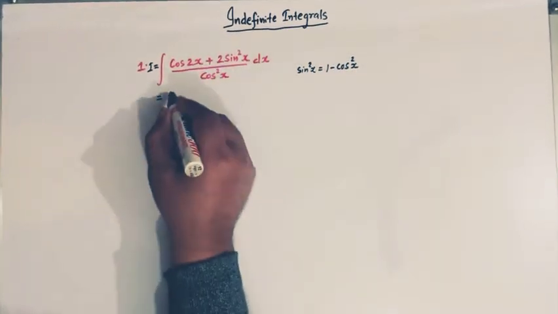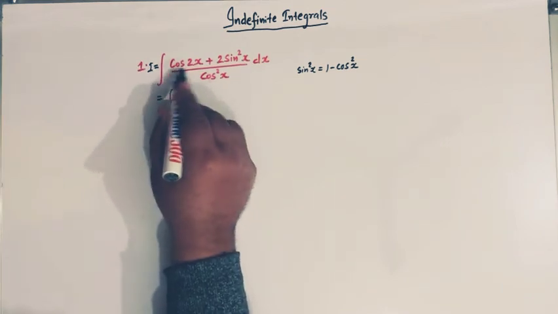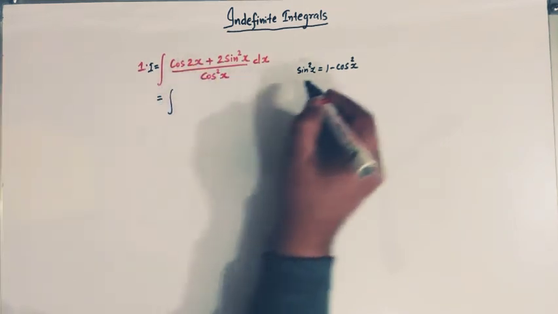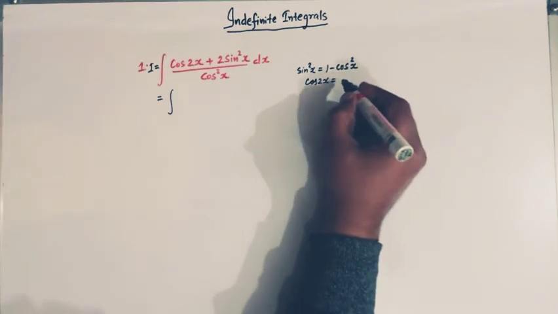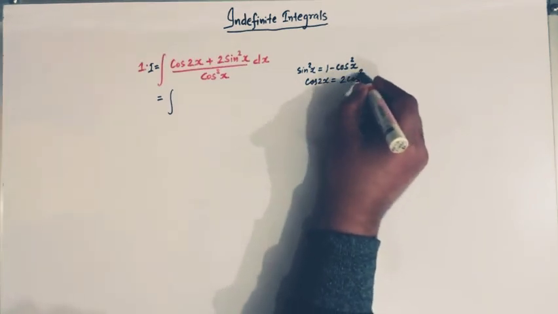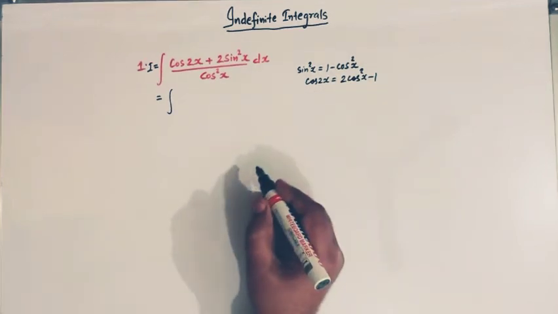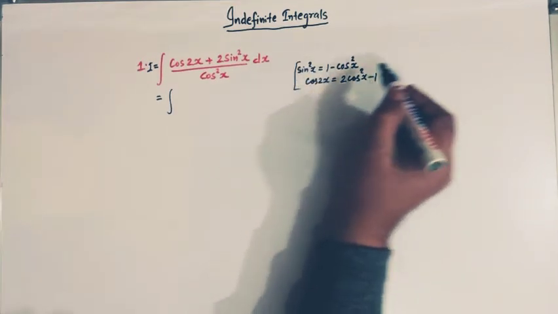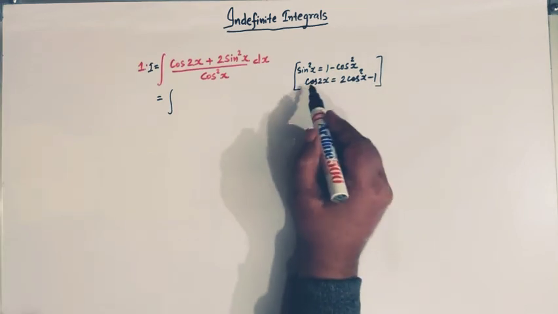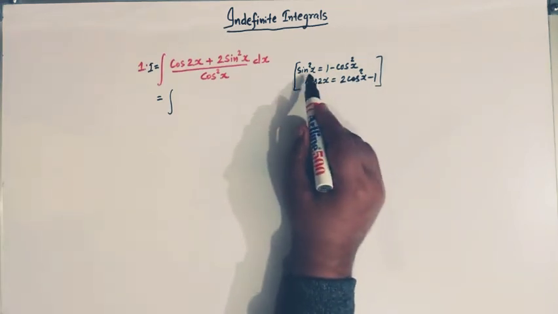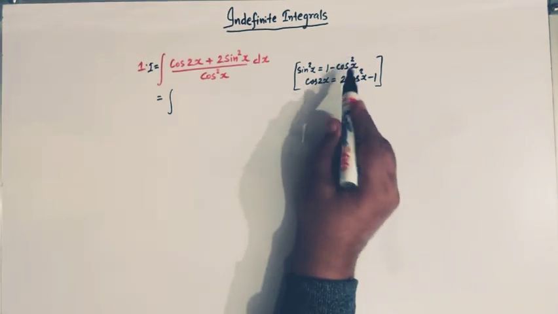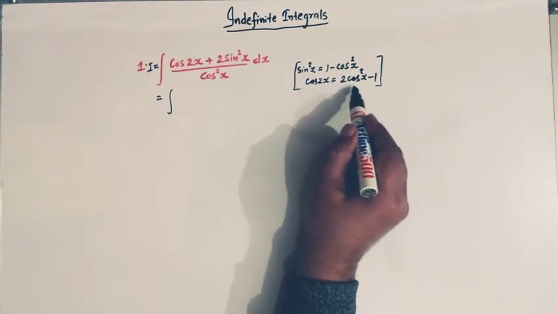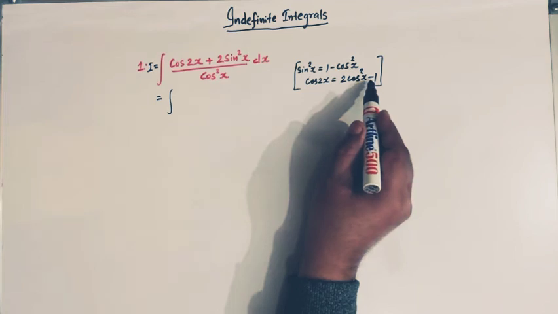So this integral becomes, for cos 2x we can substitute 2 cos square x minus 1. So here we'll make use of these two trigonometric relations, that is sin square x is equal to 1 minus cos square x and cos 2x is equal to 2 cos square x minus 1.